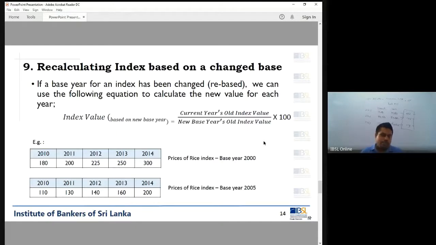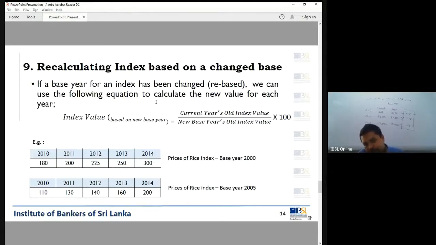That means from that 100 points, your index has grown 34 or 45 fold. So if the base year for an index has been changed or rebased, we can use the following equation to calculate the new value for each particular year.